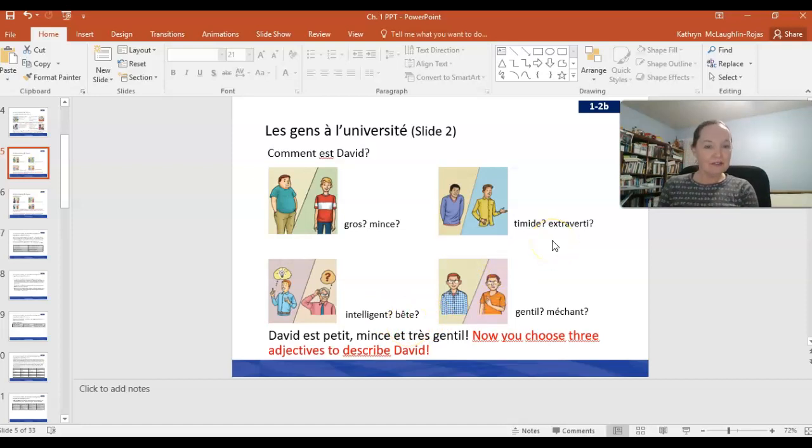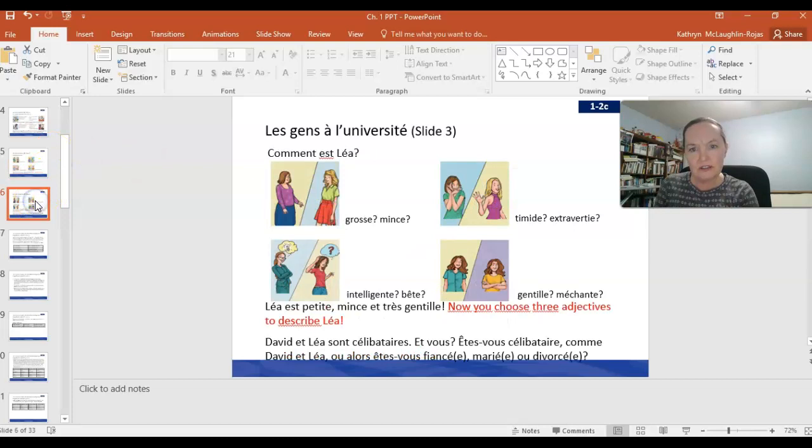Timide, extraverti. So timide looks like timid in English. It means shy. Extraverti would be extroverted, so someone who's really social. Gentil or méchant. So gentil is nice, méchant is kind of not so nice. Not a very friendly or kind person. Okay, now the thing is that we can also use all of these in their feminine forms.